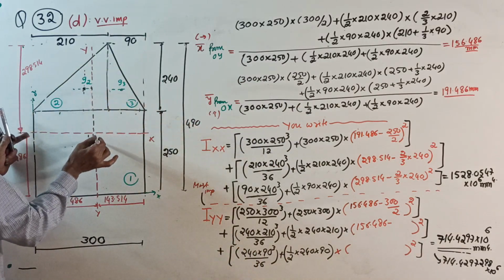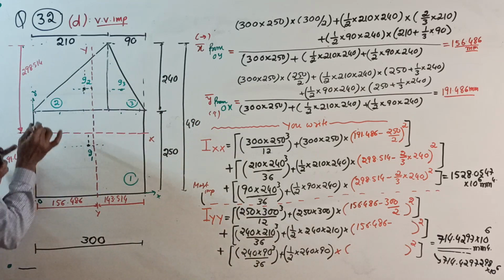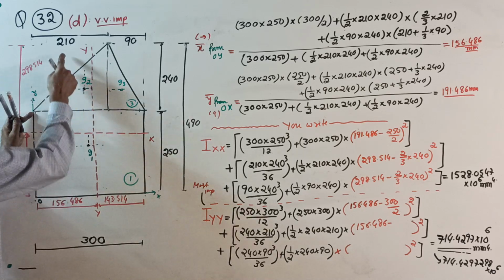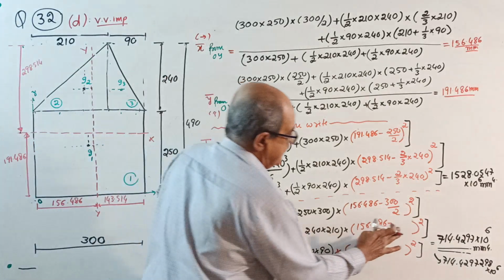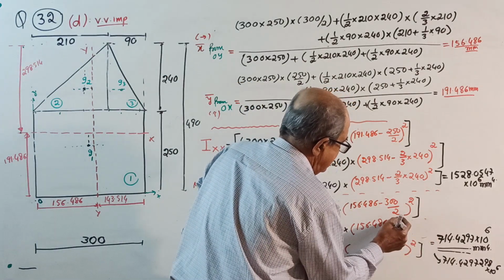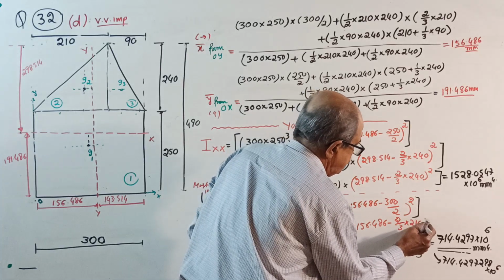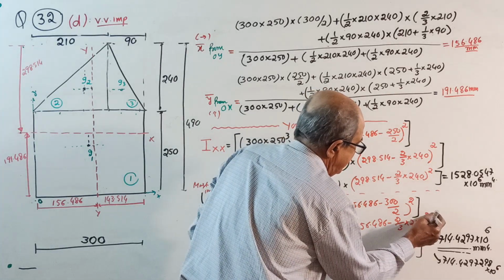Here, 156.486 minus, from here to here is 2/3 of 210, that is to be squared.